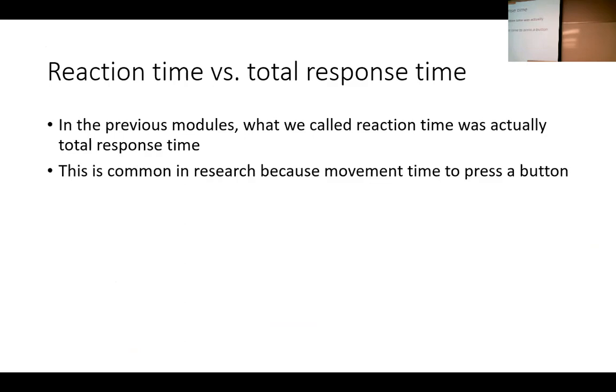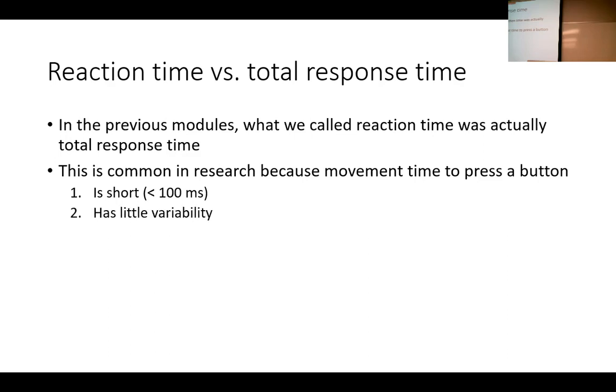Now, why is this common for button pressing research? Well, two reasons. The movement time is typically short. So how long does it take you to press a button? I'm not sure exactly, but definitely less than 100 milliseconds. It might be only 10 to 20 milliseconds, depending on the individual and the type of button. So that's why we're not too concerned that we added movement time on to our reaction time.